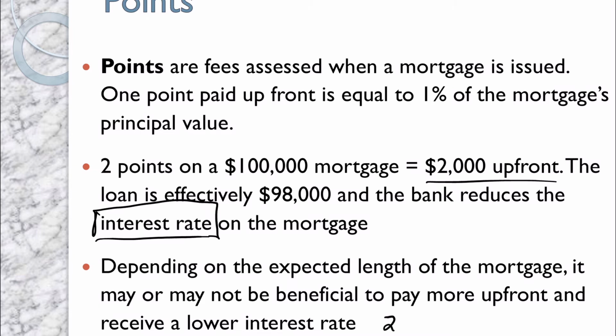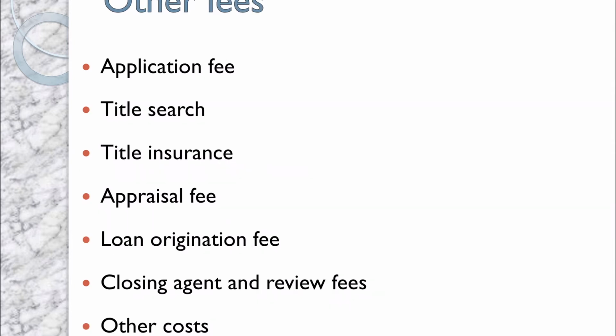This is discussed on page 220 in your textbook if you want some further clarification. But there's also a rule of thumb with points that says if you plan to stay in the home for greater than 5 years, it may make sense to pay more points up front. So once again, it would be an analysis of comparing the present value of the future savings to the points that you pay up front, but that's just a general rule of thumb.